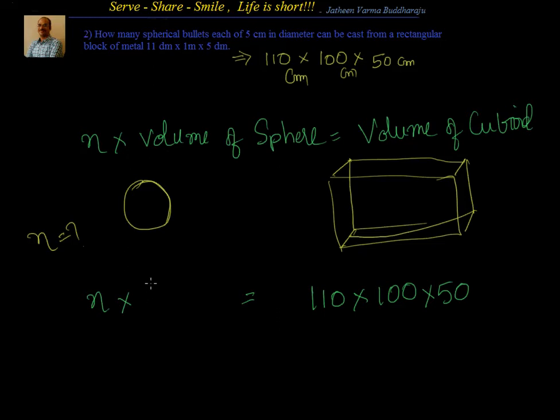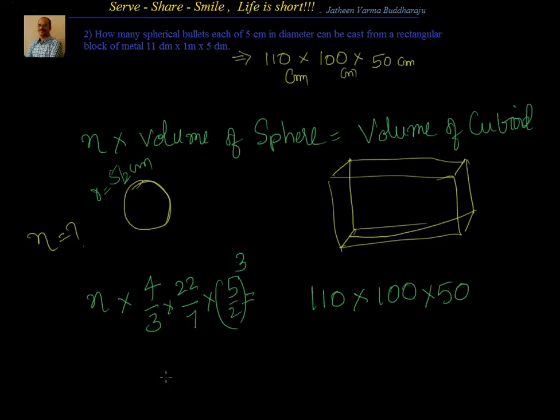Each volume of sphere is 4 by 3 into 22 by 7 into radius cube. The diameter is 5 centimeter, so radius equal to 5 by 2 centimeter. So can I say n into 4 by 3 into 22 by 7 into 5 by 2 whole cube equal to 110 into 100 into 50.